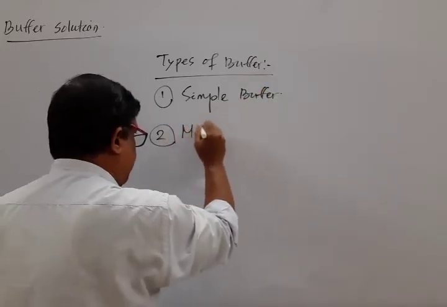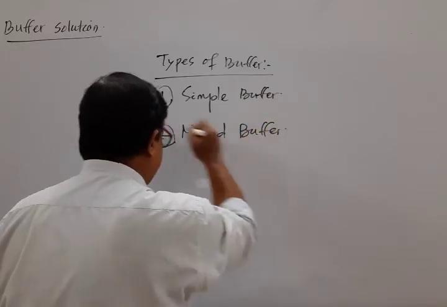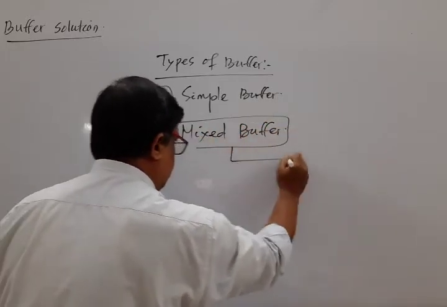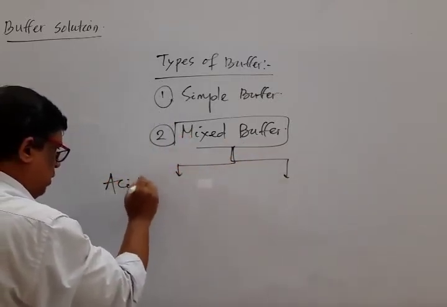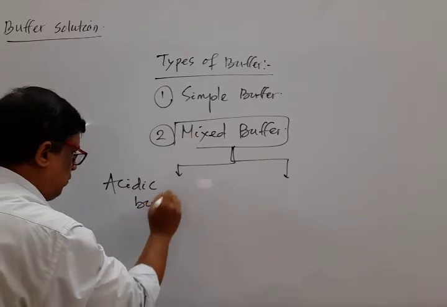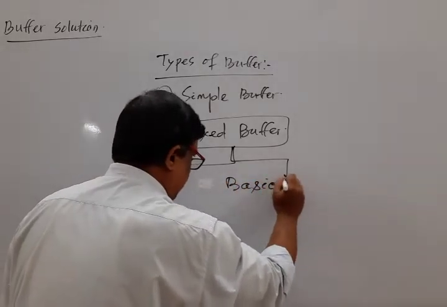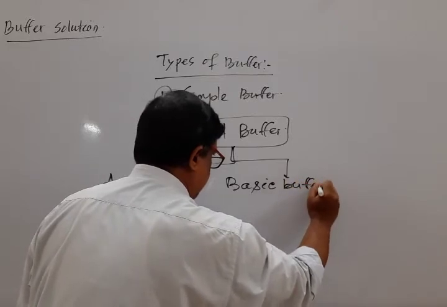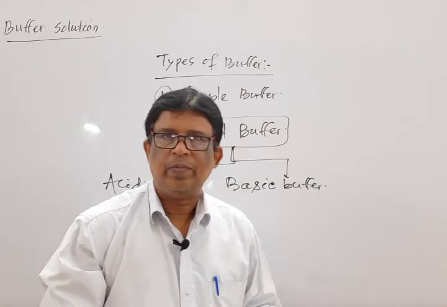Second one is a mixed buffer. Again, mixed buffer is of two types. One is acidic buffer, one is basic buffer. Mark that. Let us discuss one by one.